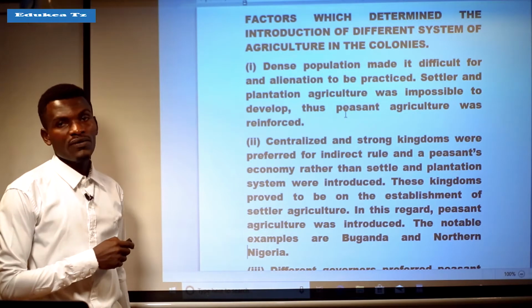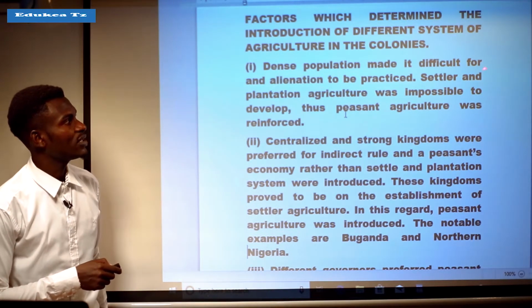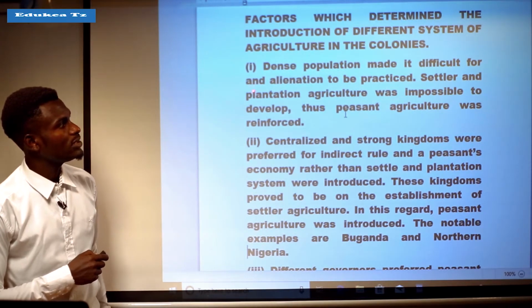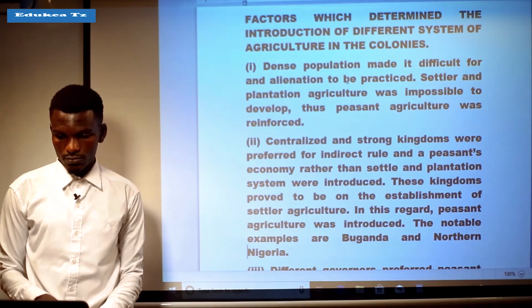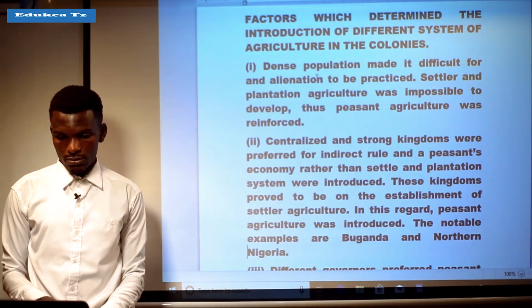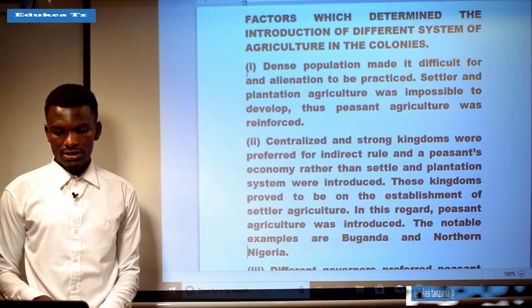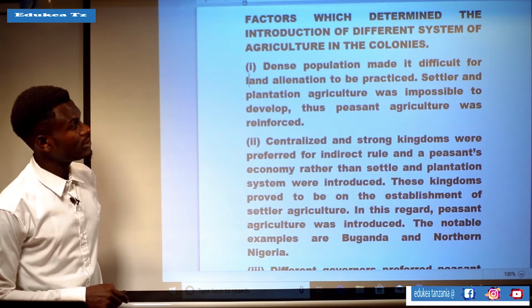The first factor was that dense population made it difficult for land alienation to be practiced.